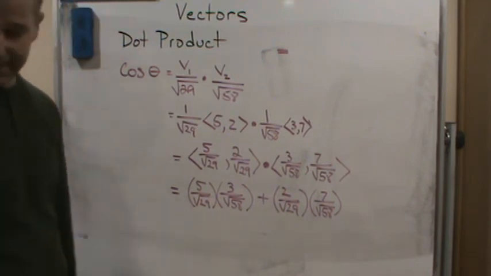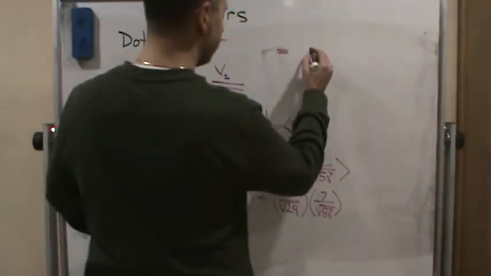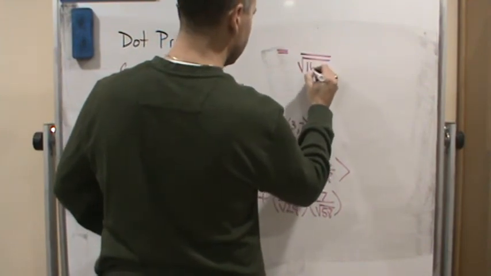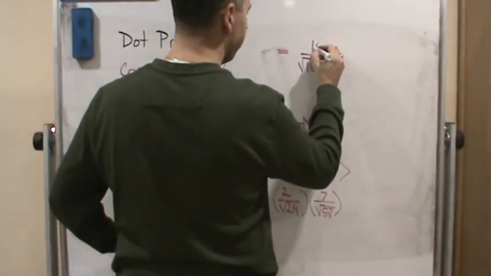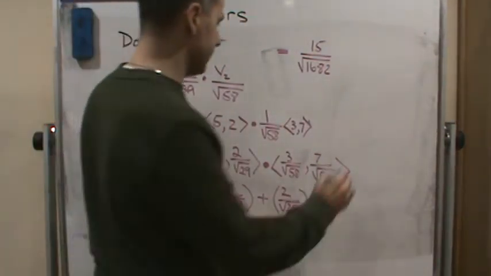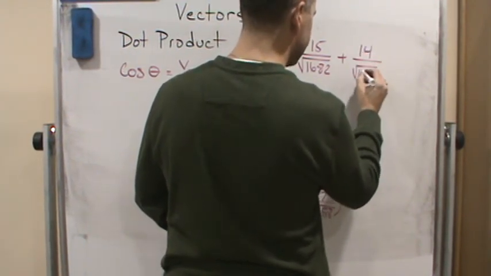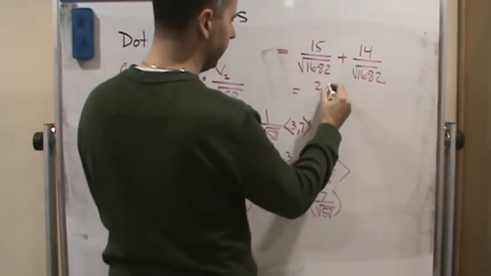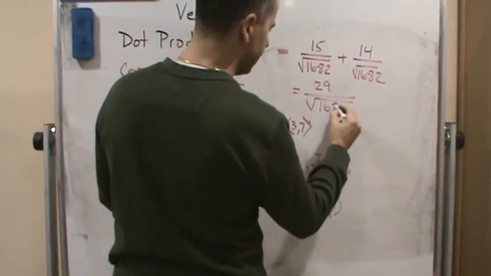So the square root of 1682 is going to be the answer for both of these. So this is going to be 15 over the square root of 1682 plus 14 over the square root of 1682. And then if I add those, I'm going to get 29 over the square root of 1682.